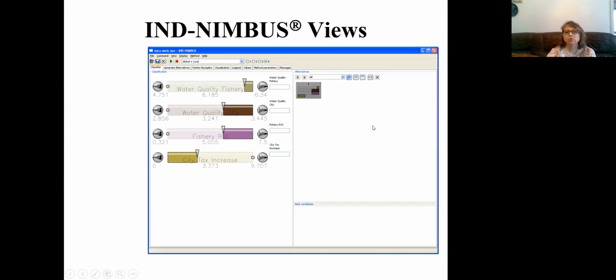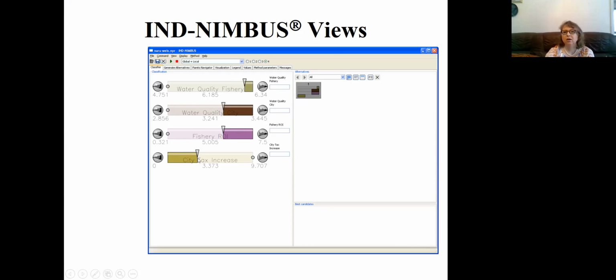Here is a user interface of E-NIMBUS. So still the bars represent the current objective function values, and one can click in the bars to indicate whether one wants to improve the current value or allow it to get worse. So the classification takes place in this kind of implicit manner. And here, bars starting from the right refer to functions to be maximized, and from the left to be minimized.